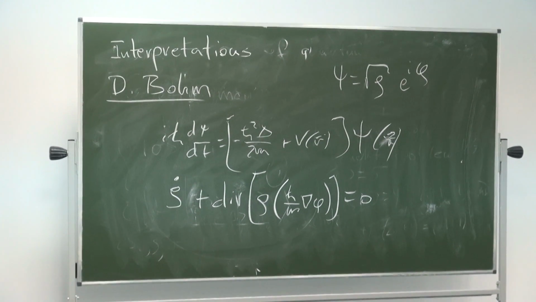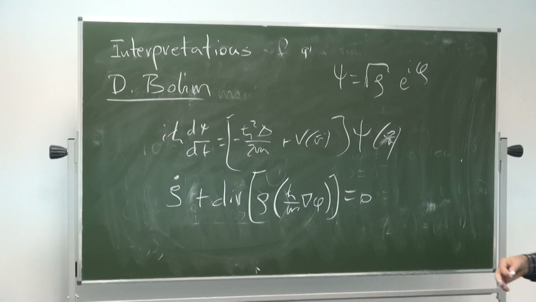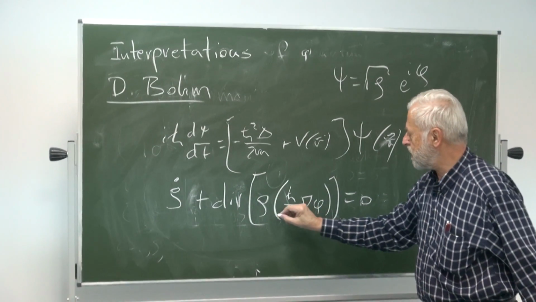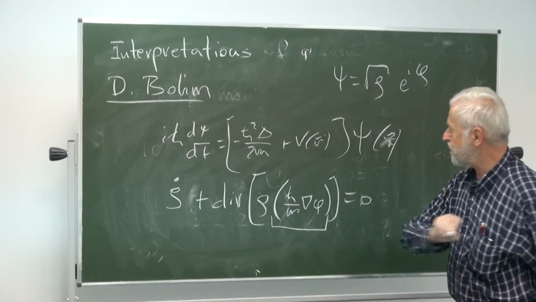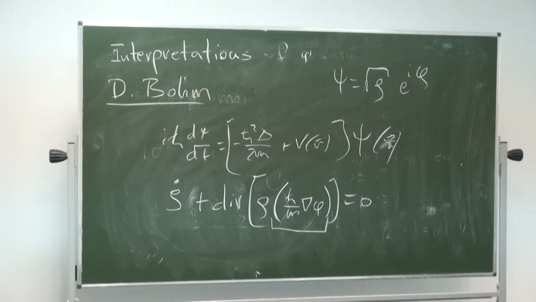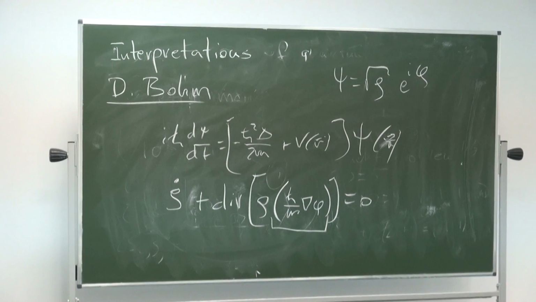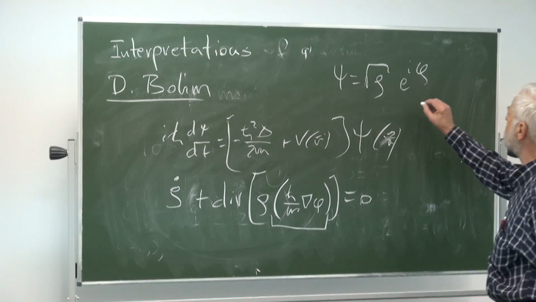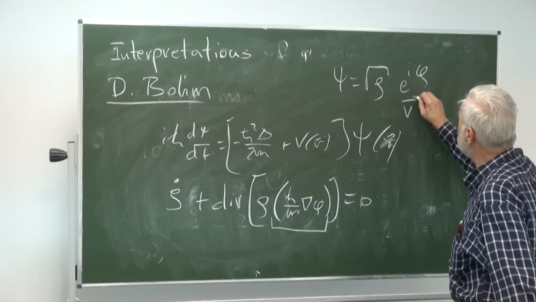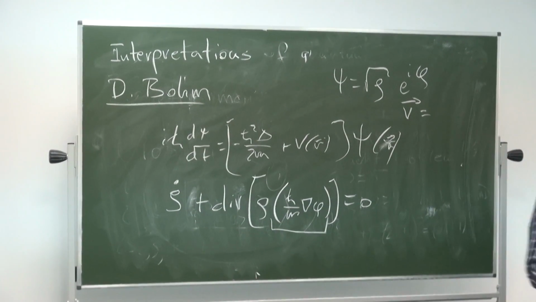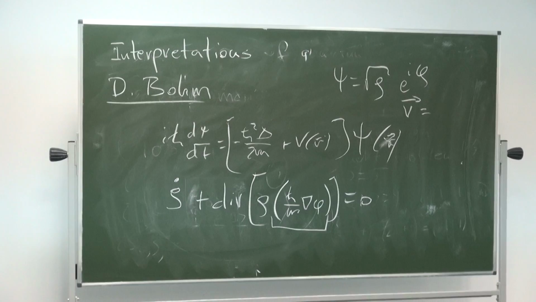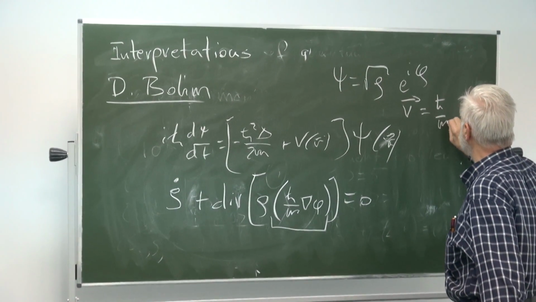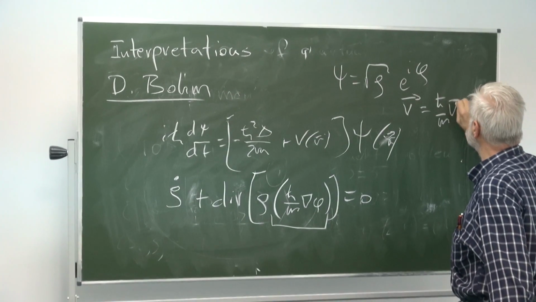However, for this to turn into a continuity equation, we have to interpret the gradient of the phase as a velocity. So it makes sense to write v as h bar over m times gradient of phi.